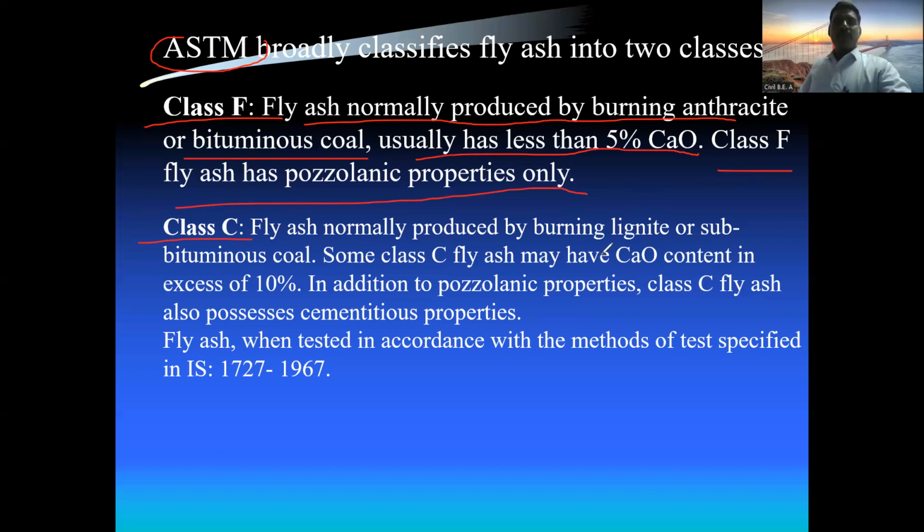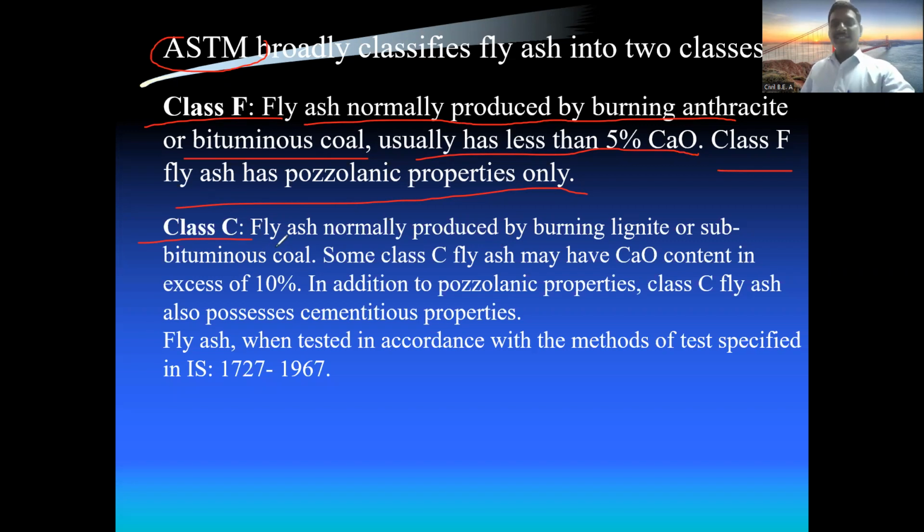The pozzolanic admixtures we add into concrete are also part of this fly ash. So class F is fly ash produced by burning bituminous coal, with less than 5% calcium oxide, and it has a pozzolanic property.